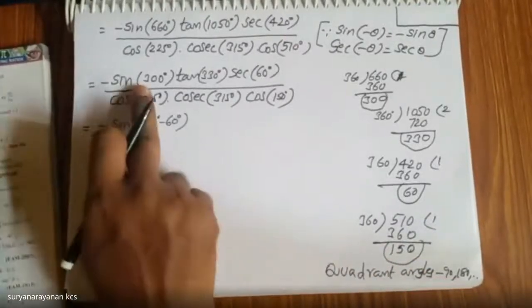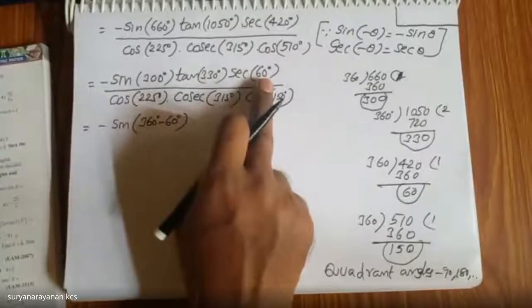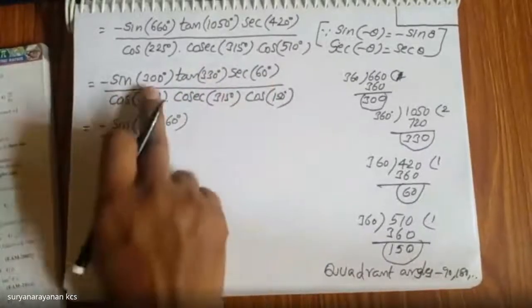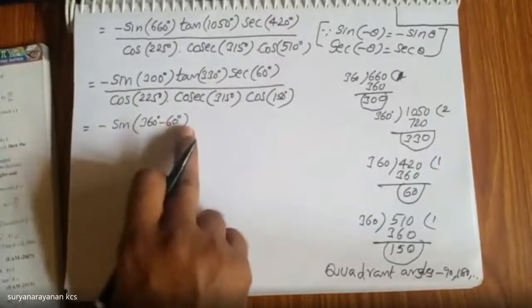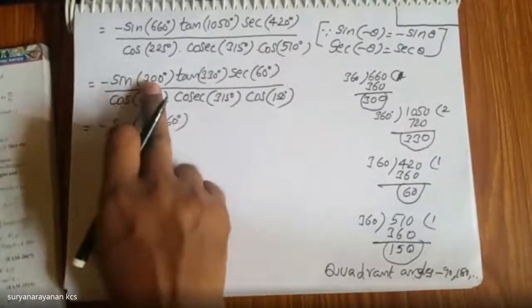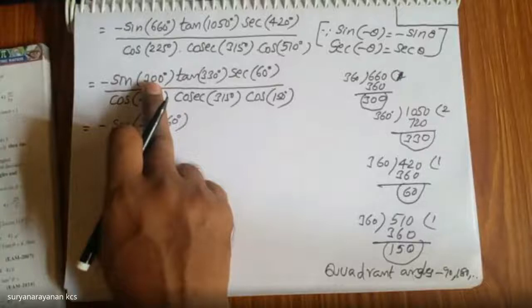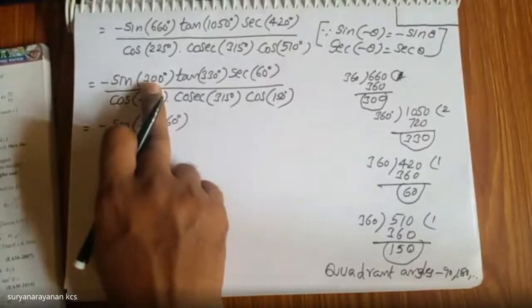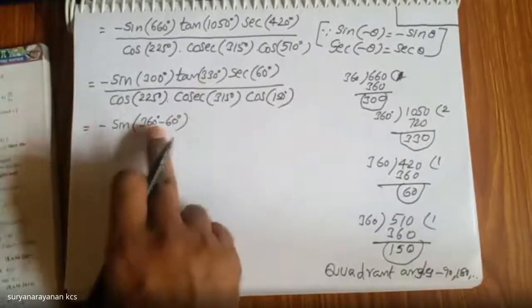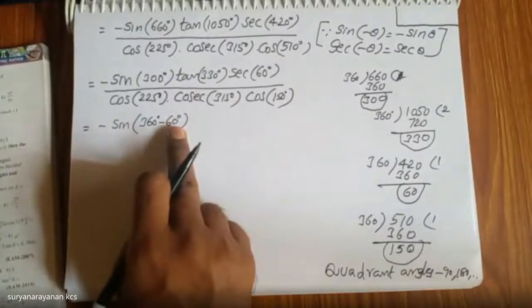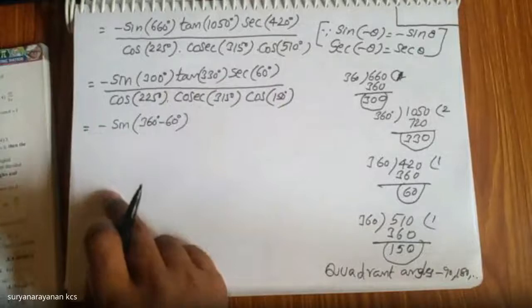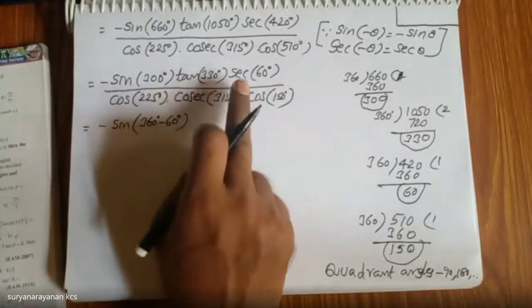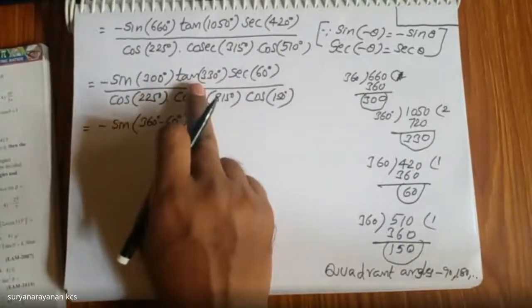So we are splitting these angles with the help of quadrant angles. These are nearest to 360, so we wrote 360 minus 60. Or you can write 270 plus 30 also. You can use any quadrant angle to split these angles.